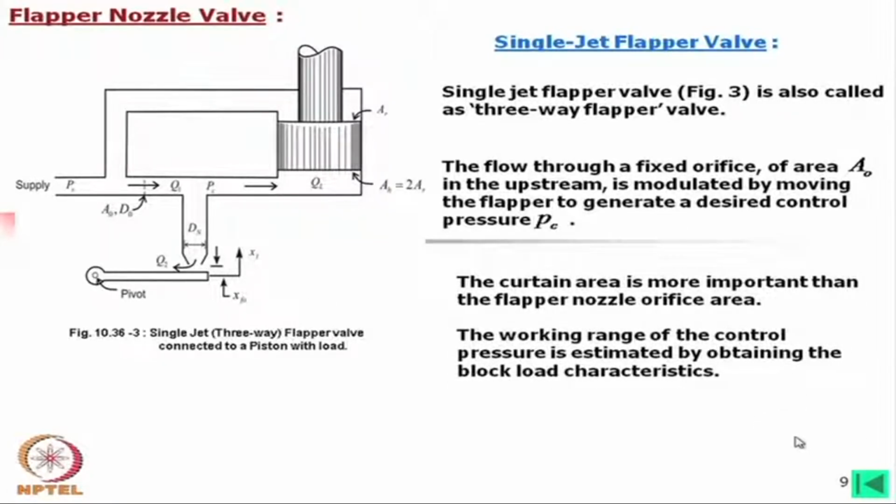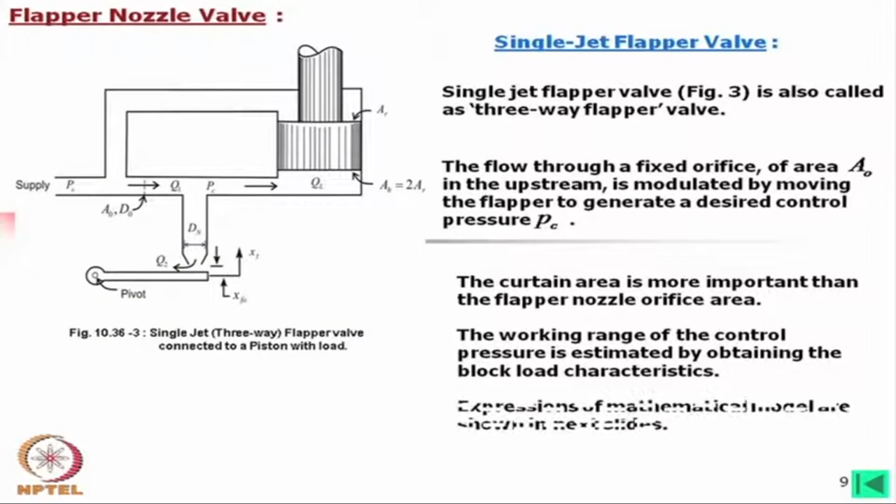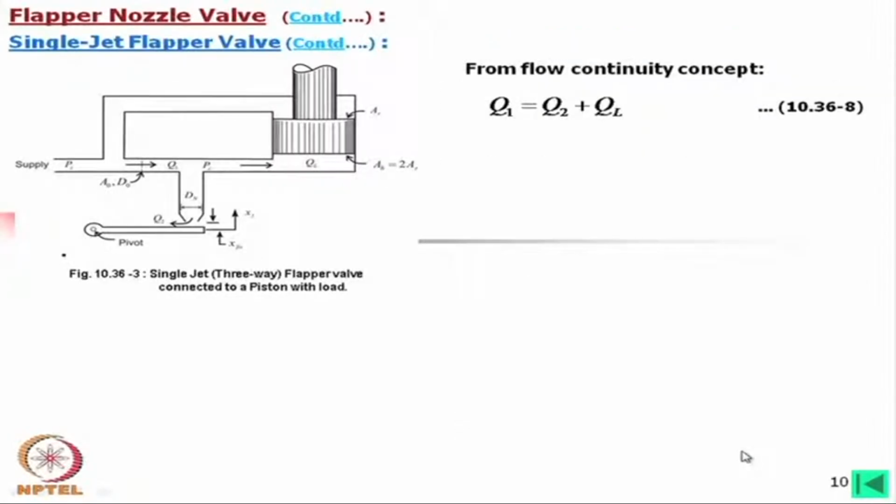The working range of the control pressure is estimated by obtaining the block load characteristics. The expressions of the mathematical model are shown in the next slides, and we will also look into the block load characteristics. Now, from the flow equations, we know that Q1 will be Q2 plus load flow.